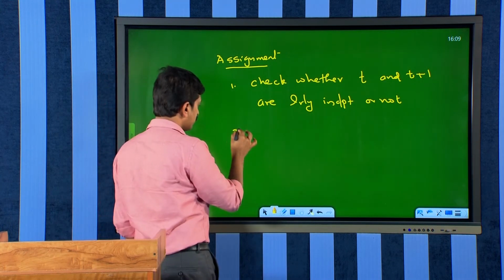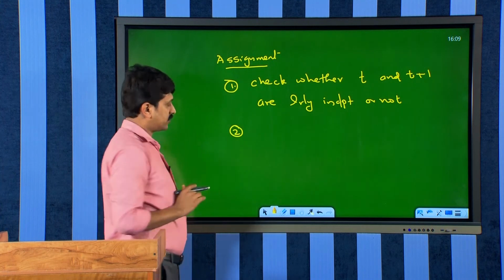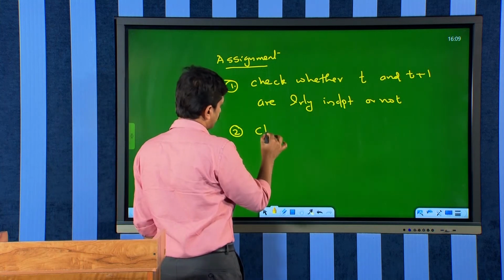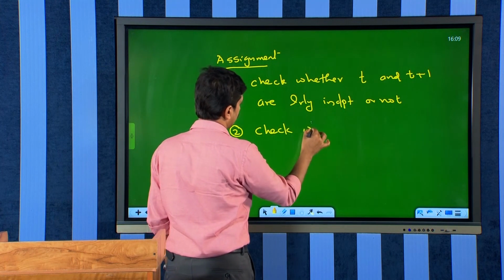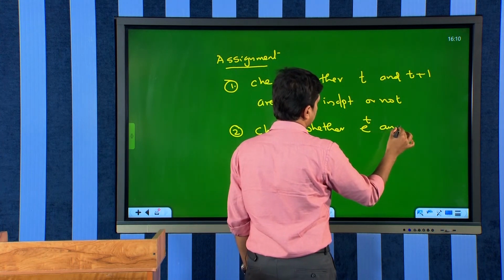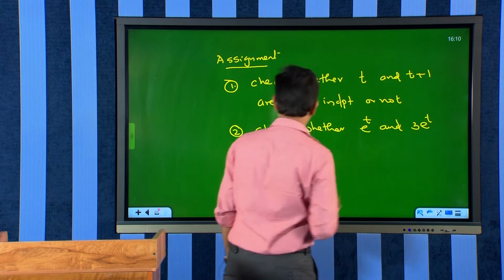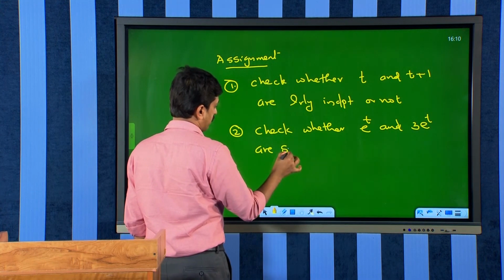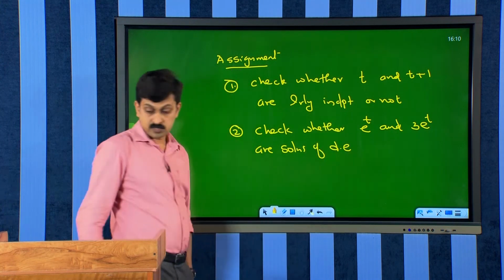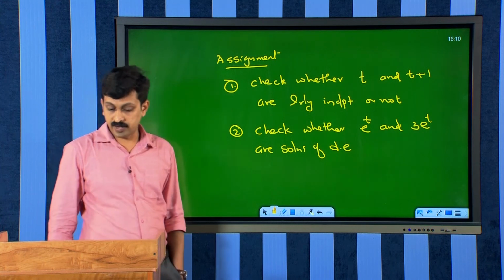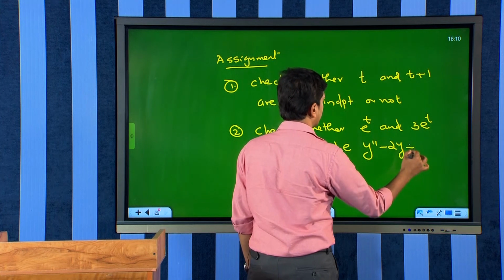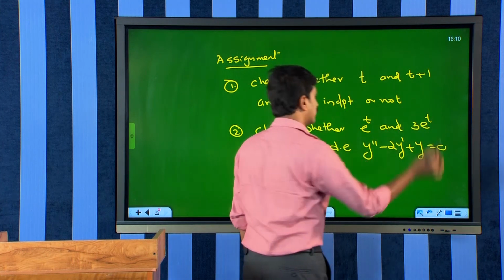Also, write down the next question. Check whether e raised to t and 3 e raised to t are solutions of the differential equation y double dash minus 2y dash plus y equal to 0.